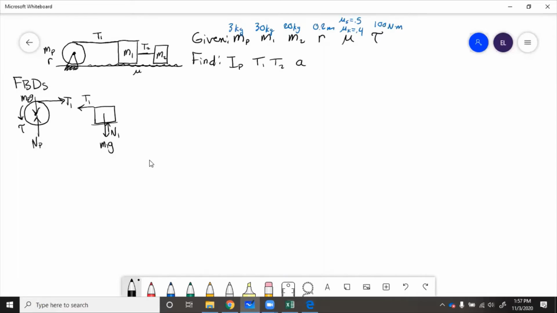So then the friction force is going to point to the right. And then it's also got the tension from the other block. So then the free body diagram for M2 looks almost exactly the same. It just doesn't have a second tension. So it'll be pulling here.